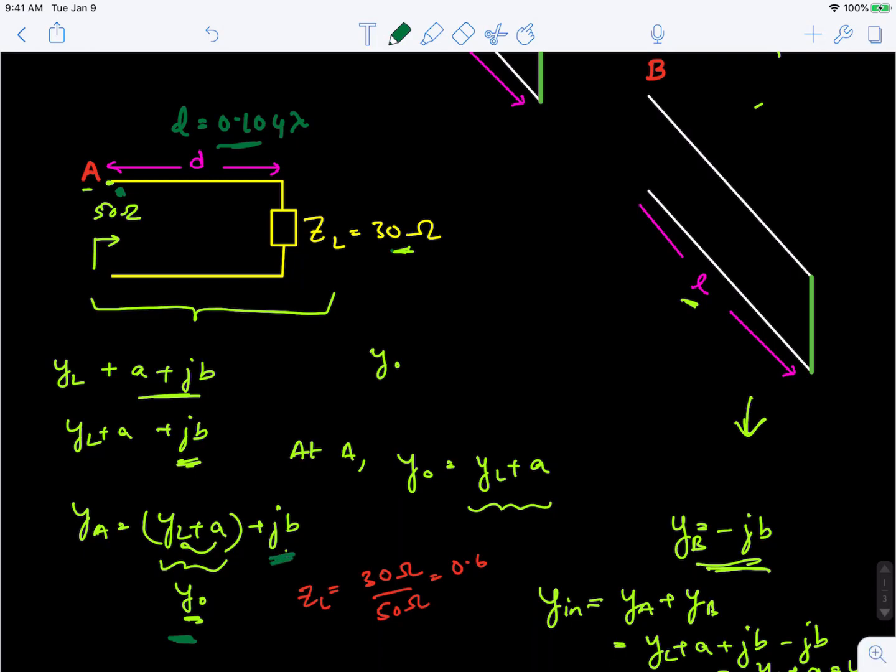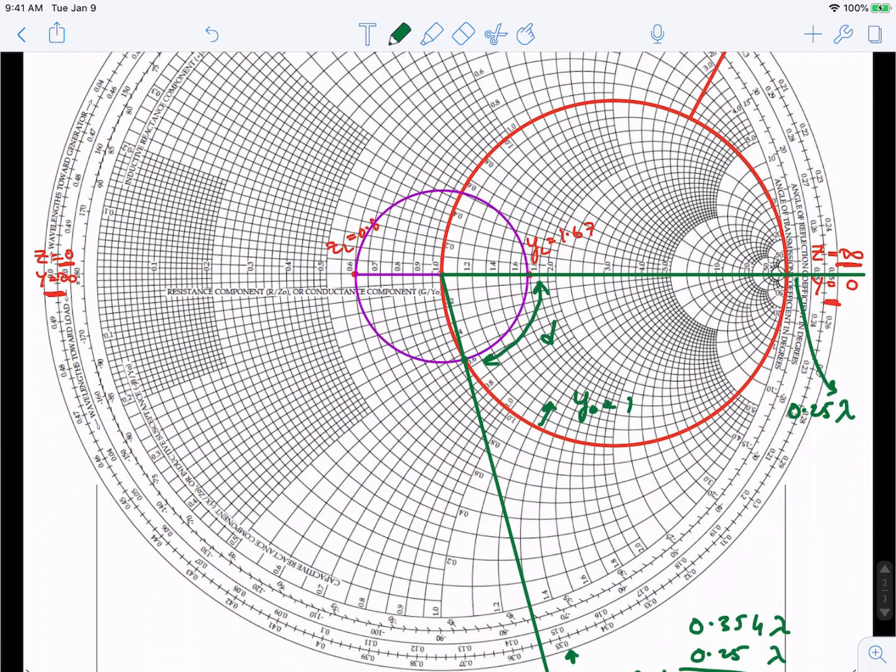But we are also left with some sort of jB. Where is that jB here? So now this point has a jB. How much is that jB is a good question. It's somewhere here, right? It's going to be this line. Now how much is this line?